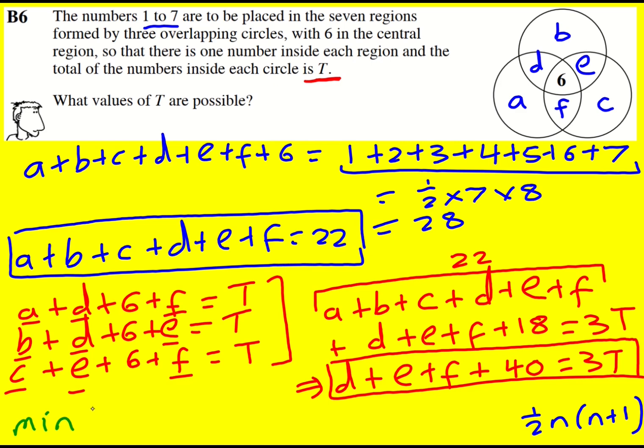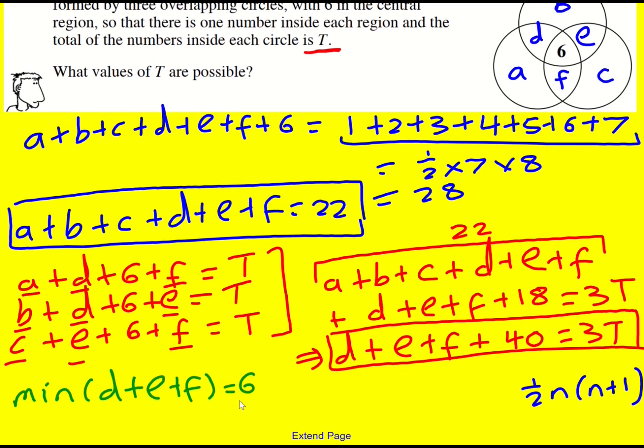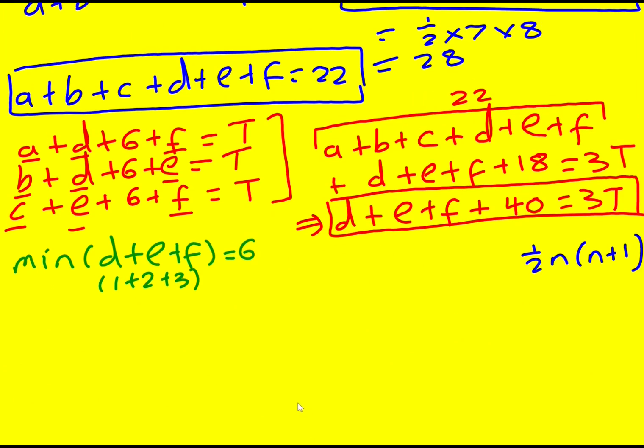Because the minimum value of D plus E plus F is going to be 6 if we have 1, 2, and 3. So that means that 3t has to be greater than or equal to 46, which means when we divide through by 3, t is greater than or equal to 15 and a third, which means because it's a whole number, t is greater than or equal to 16.